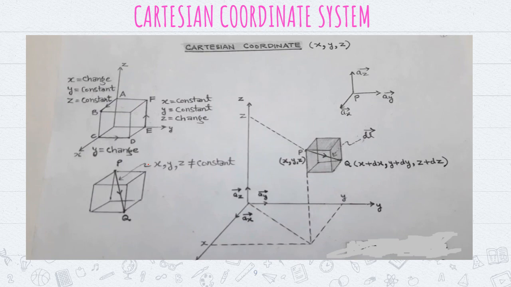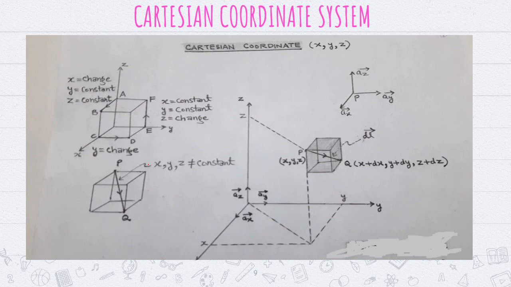So I discussed the sides and the unit vectors. Now comes the important point: differential elements. I repeat, there are three differential elements we are going to observe from this coordinate system. The first one is differential length, the second one is differential surface, and the third one is differential volume.